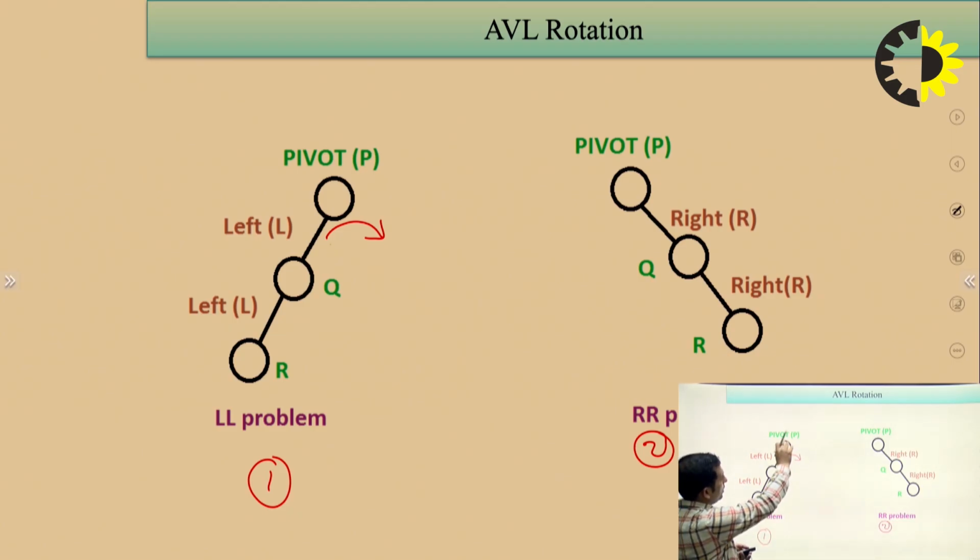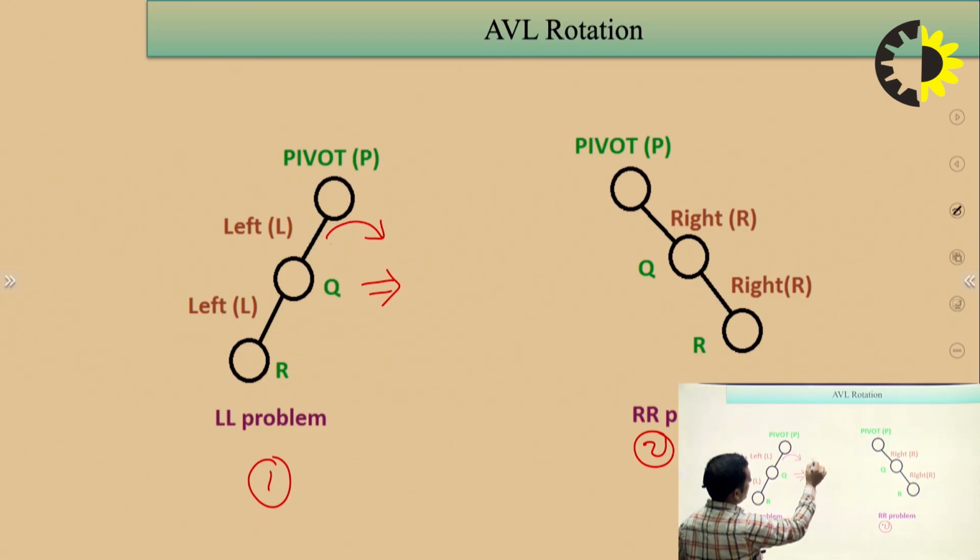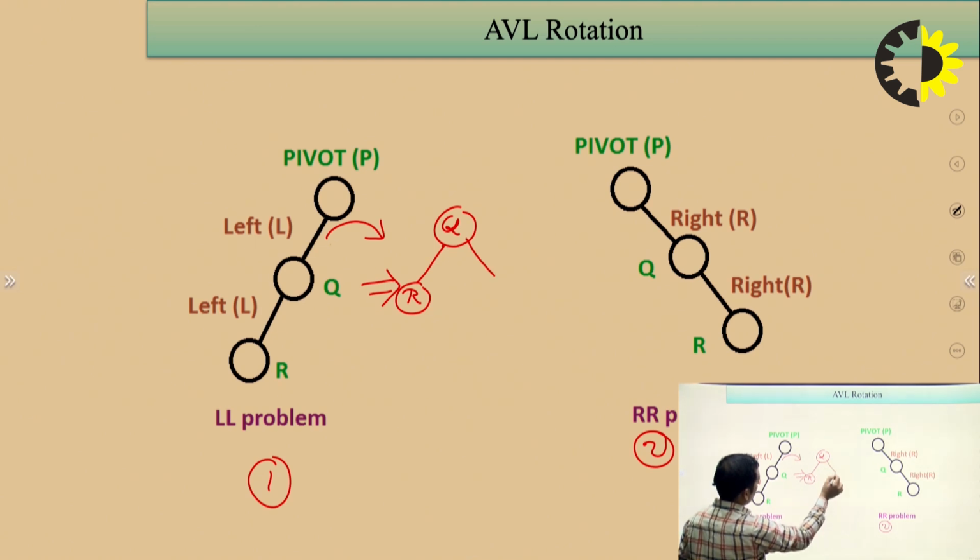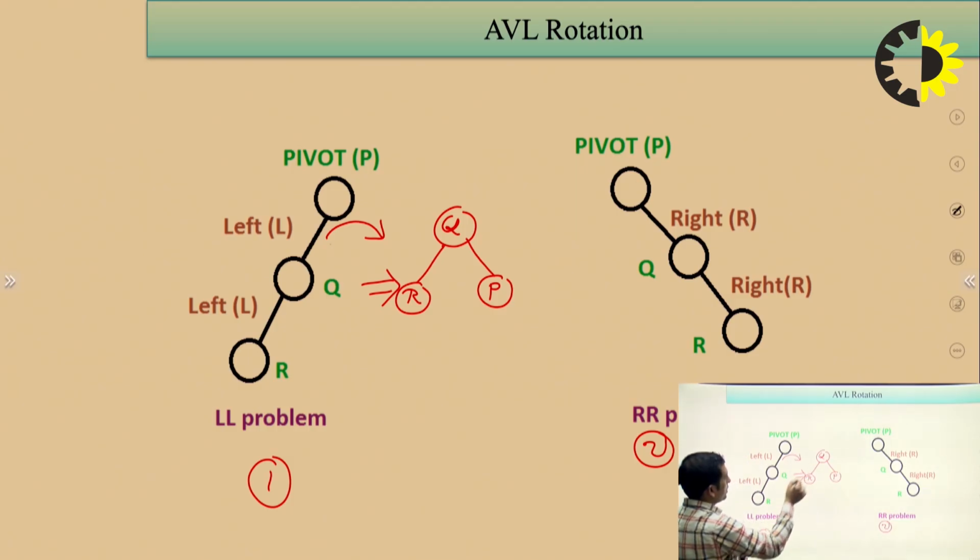After rotation, this particular Q comes upside, and this particular R and this particular P come to the left and right sides of the Q. After rotation at the point P, we will get this balanced tree.